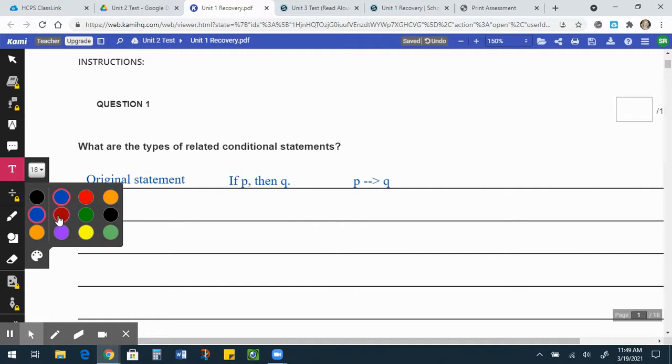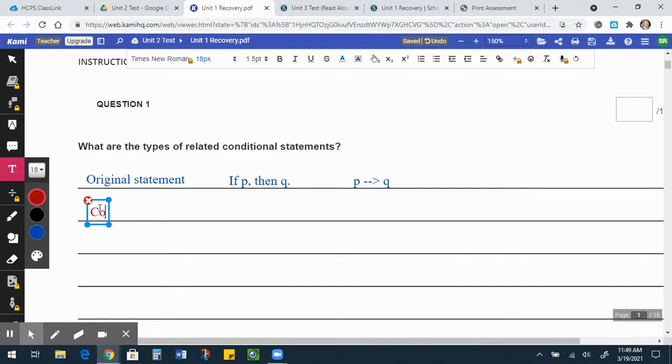The first one that we learned about was called the converse. For the converse, you're going to switch the P and the Q. And my little story for this one is: this morning I woke up and I was so tired that I put my Converse sneakers on the wrong feet.